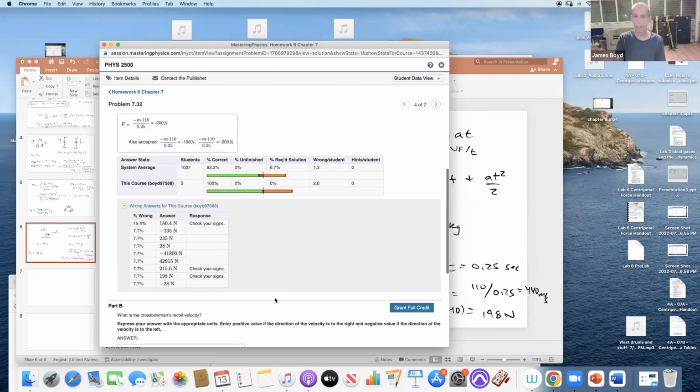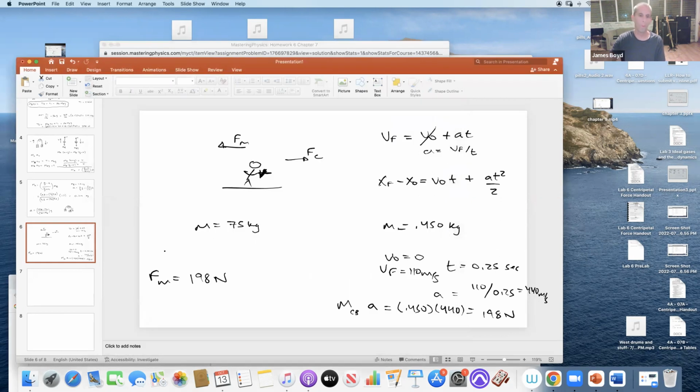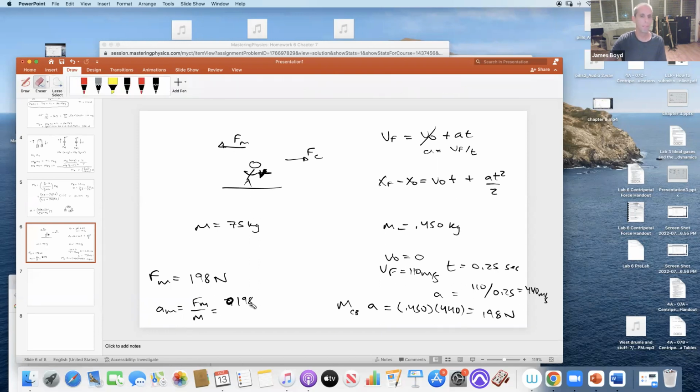What is the crossbowman's recoil velocity? Okay, so we need to find the acceleration on the man, which is the force on the man over his mass. That is 198 over 75. So the acceleration on him, in the negative direction, is 2.64 meters per second squared.